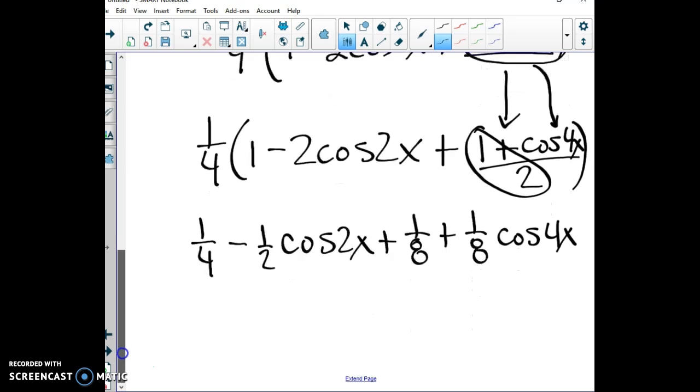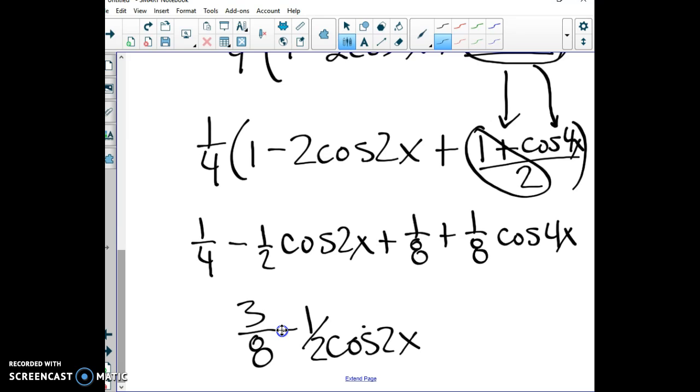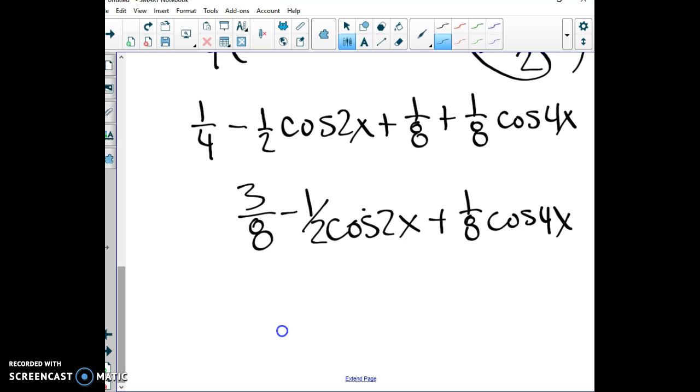We're going to simplify by combining like terms. 1/4 plus 1/8, continuing to simplify, we have negative 1/2 cosine 2x, and we have 1/8 cosine 4x. You guys go ahead and plug that into your calculator. We can simplify further, but this is fine leaving it just like this. Plug it into your calculator and you can spot those roots or zeros.